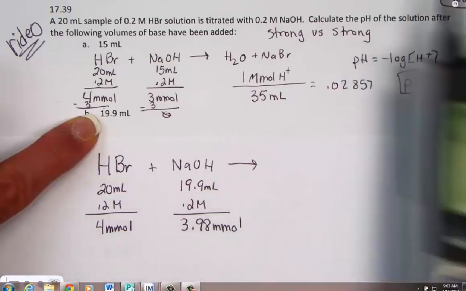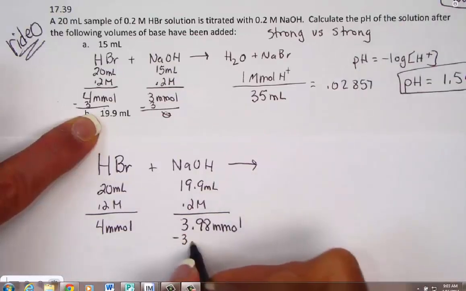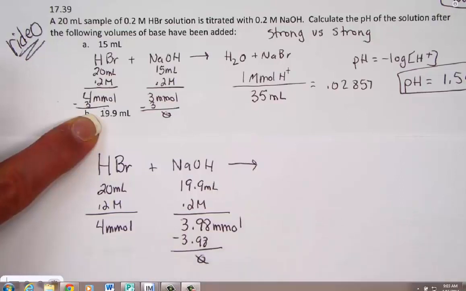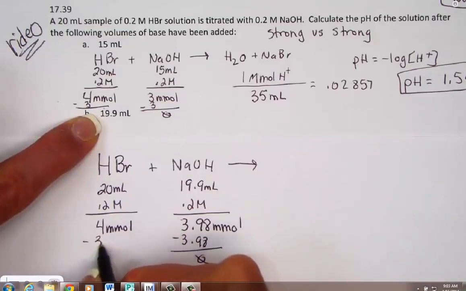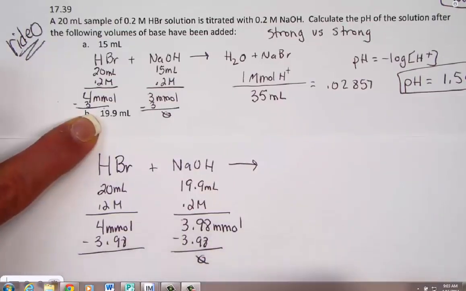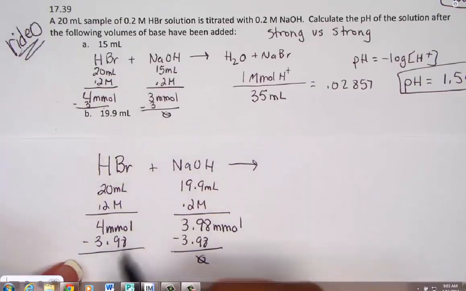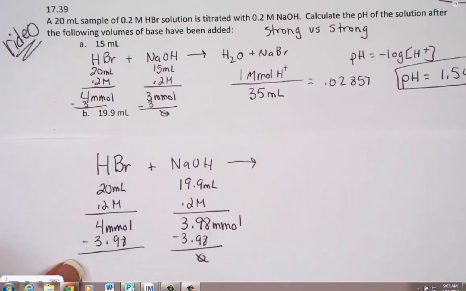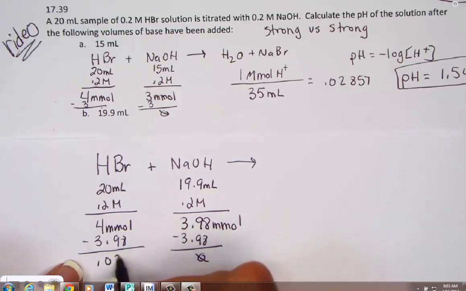It is still the limiting reagent. At that point, the sodium hydroxide is consumed, but we still have an excess amount. It's tiny, but we still have an excess amount of the acid. How many millimoles remain? It is 0.02 millimoles.